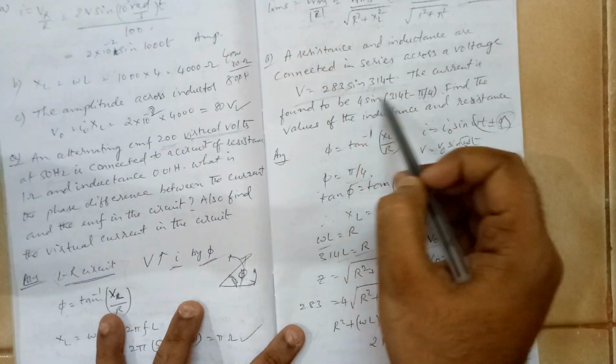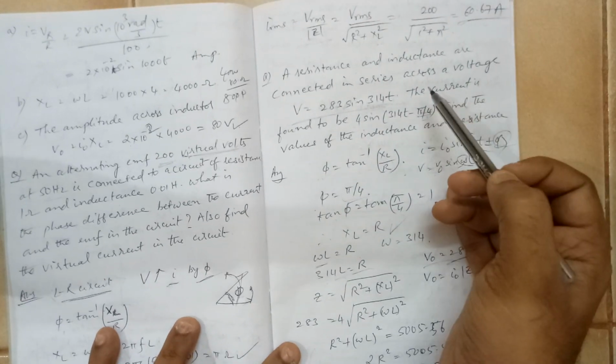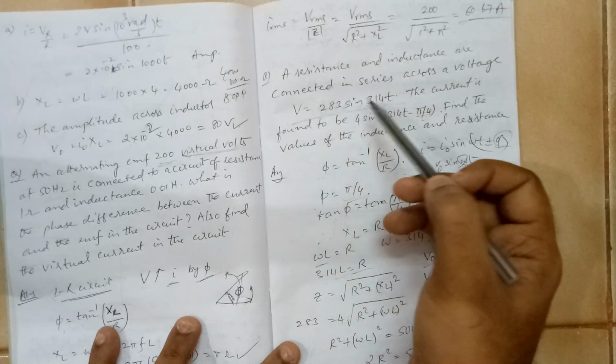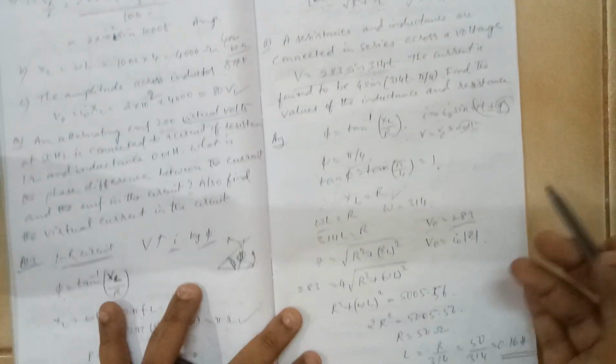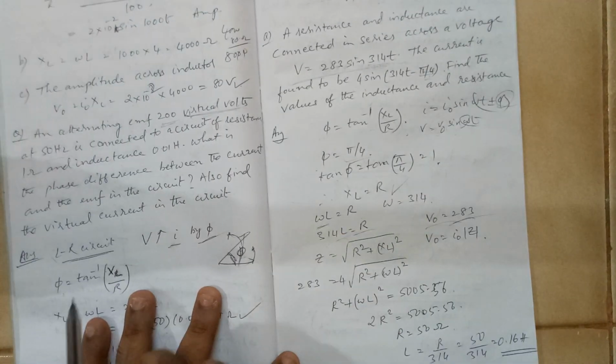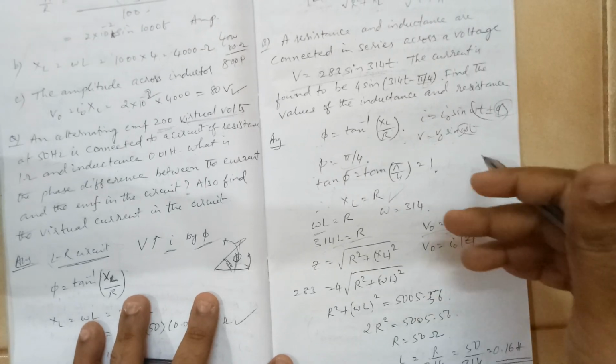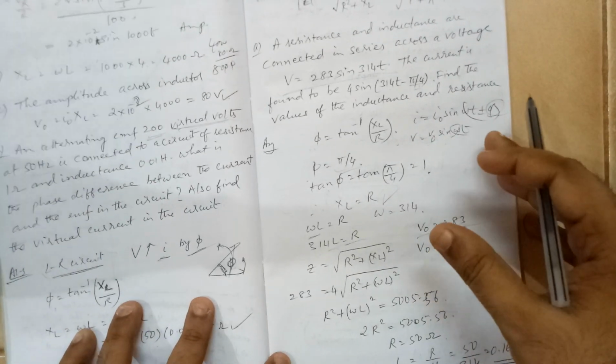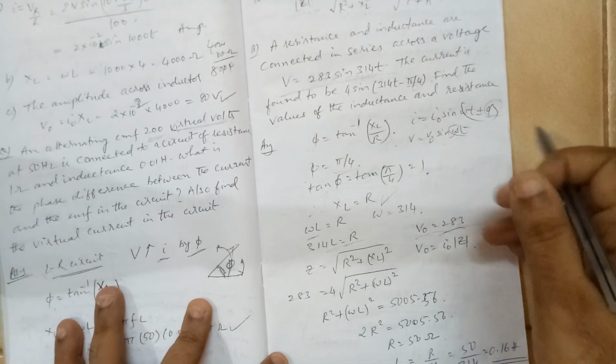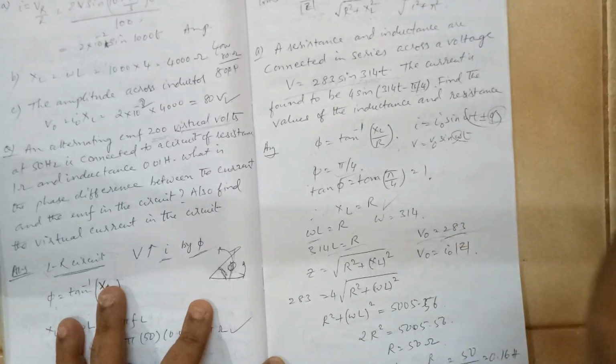Why peak value? Because sine 314t maximum value will be 1. So V is equal to 283. It cannot be more than 283. That is why you are calling it the peak value. I am trying to define every point because often when I am teaching in the class, I have seen some students don't understand the peak value and all those things. So try to feel what you are doing.